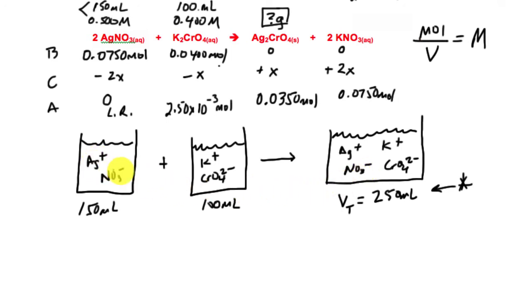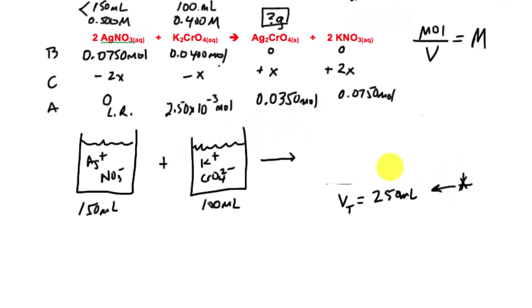So think about what's going on. In this problem, the silver comes in contact with the chromate and creates that solid. This is what's making that solid substance. So at the end of this problem, all of the silver ions are no longer aqueous, are they? All of them are now in the solid phase. So what I want to do is redraw this part, get rid of the beaker and draw another one.